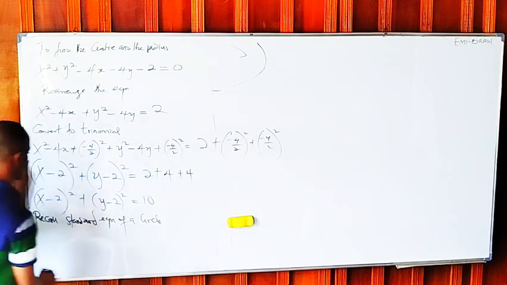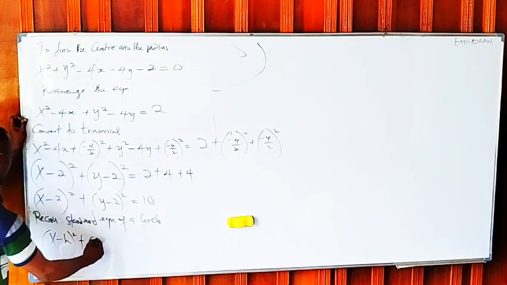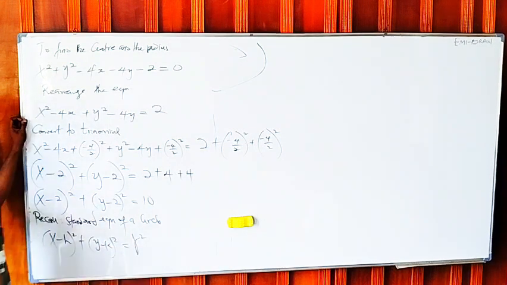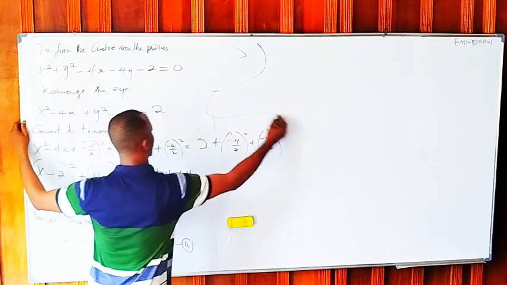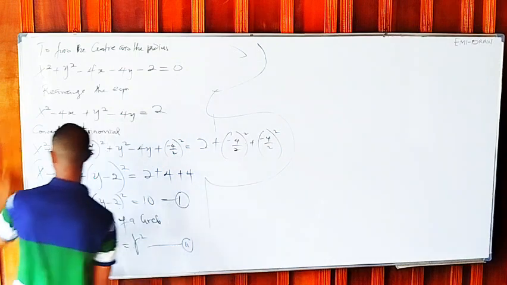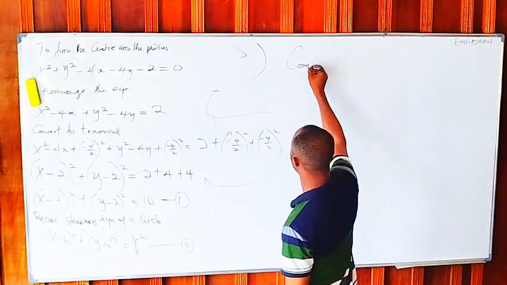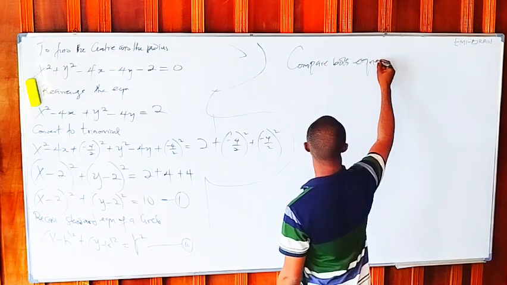What is standard? x minus h all squared plus y minus k all squared equals r squared. So this is equation 1 and equation 2. What we do, we compare both equations.